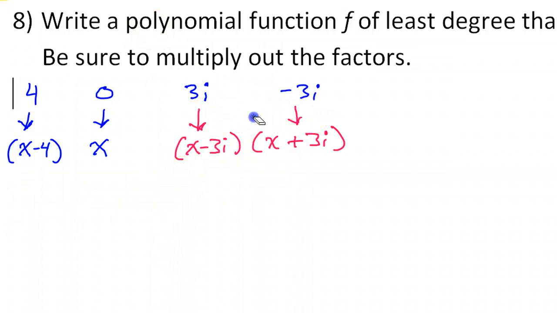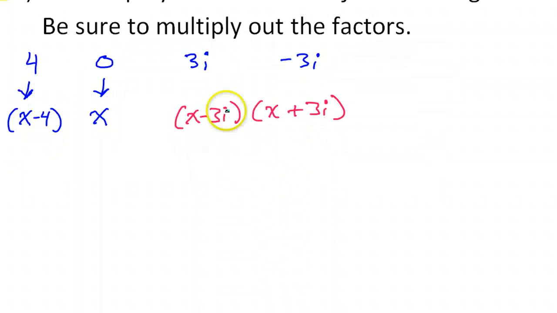So, to multiply these pink factors together, we are going to double distribute. I'm going to take x and multiply it by everything. So x times x is x squared, and then x times 3i is plus 3ix.